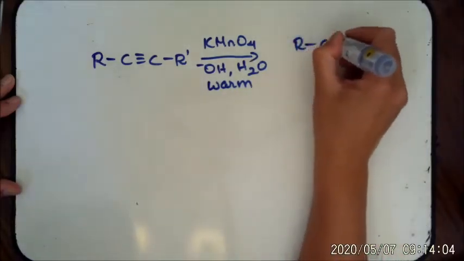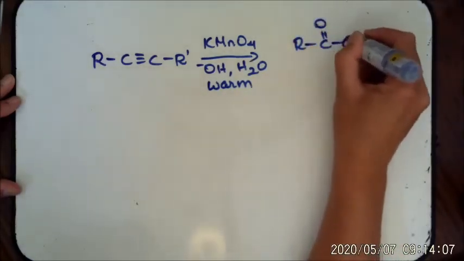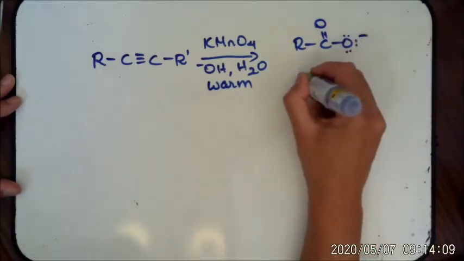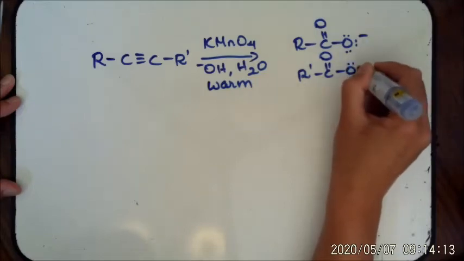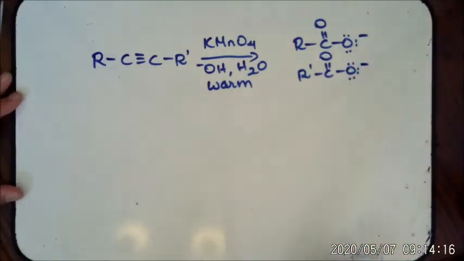Then we get our two carboxylates, that we can then work up to get our carboxylic acid.